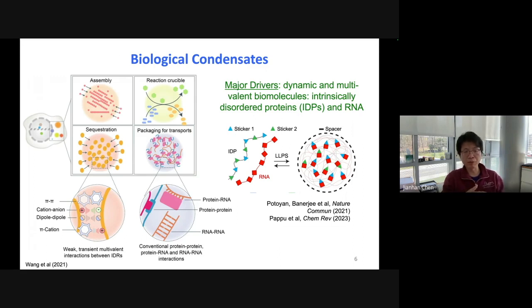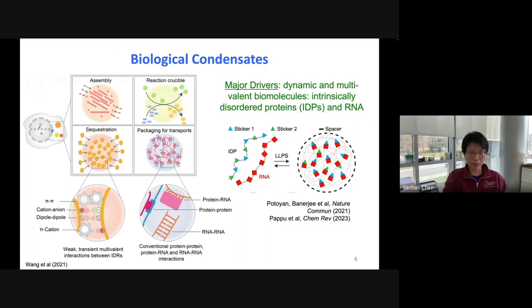For example, they are often viscoelastic. Many of these condensed phases eventually undergo a so-called aging process. They will either form a gel, or they can aggregate, or they can lead to amyloid fibril formation. So there is a lot of interest in understanding what exactly the condensate looks like, and what the impact is on the structural dynamics and the interaction of molecules within the condensate.